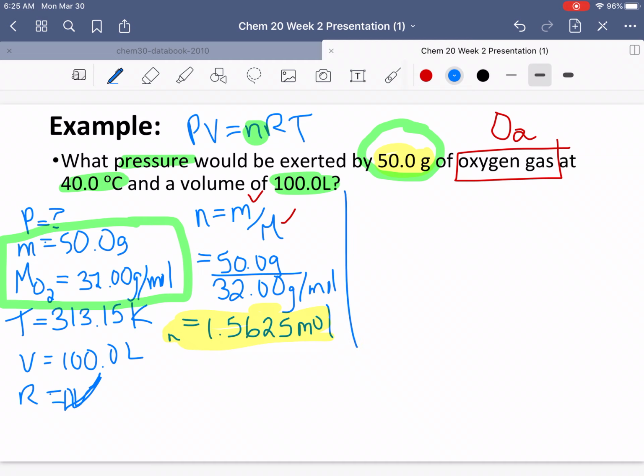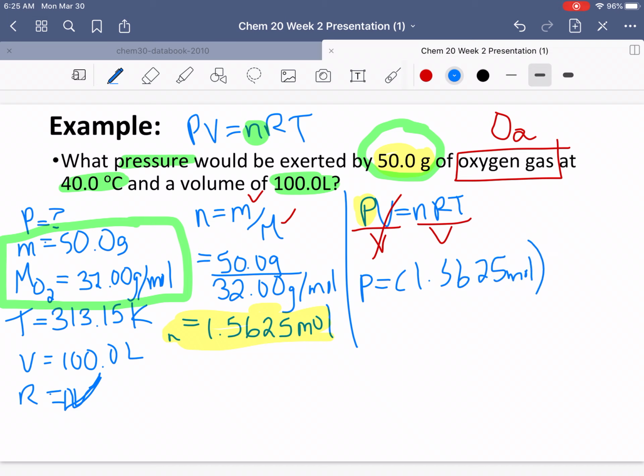Speaking of which, let's go to that now. PV equals nRT. Goal of the question is to find pressure. All right, so let's get it by itself. Divide by V on both sides. We're good to go. Pressure is equal to N, the number you just found, 1.5625 moles, times R, 8.314 liters times kilopascals over moles times Kelvin, also multiplied by the temperature, 313.15 Kelvin.